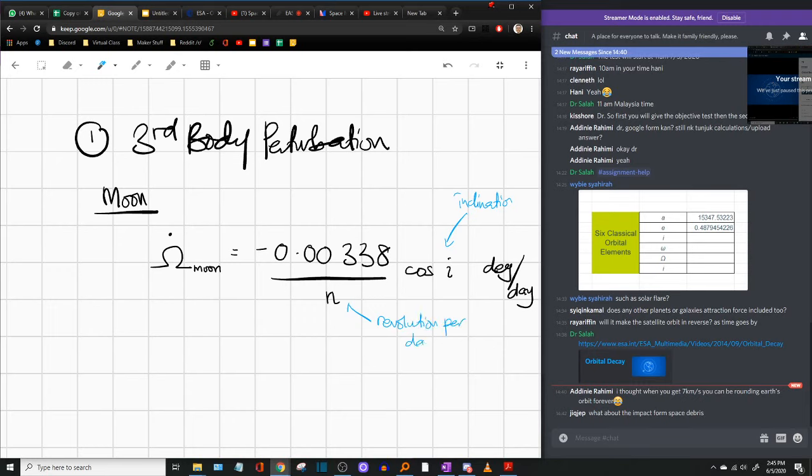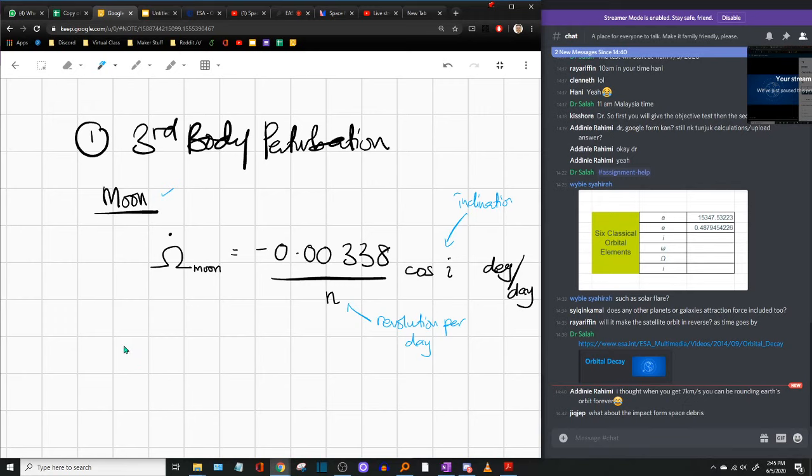If you're in a low Earth orbit, that's probably around 14 or 15 per day. So if you have these two numbers, you can estimate how much your right ascension of ascending node angle is changing per day due to the moon.